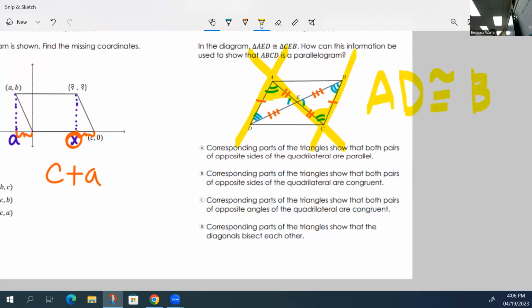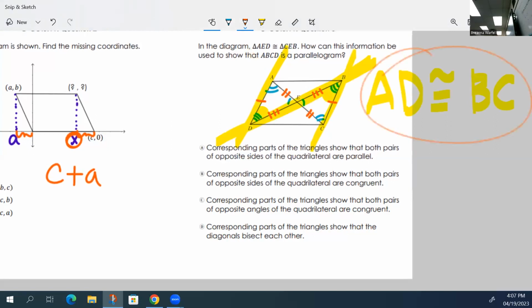Okay? You're given another set of congruent angles. And you use this transversal, and it's this and this. However, this is still proving the same set of parallel sides. AD is still parallel to BC.